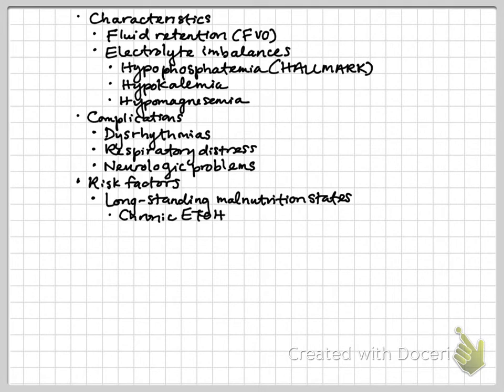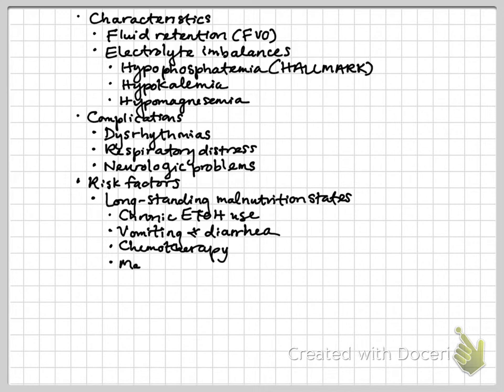You'll see that in the chart as ETOH. Chronic alcohol use, prolonged vomiting and diarrhea, chemotherapy, and major surgery, especially involving the bowel.